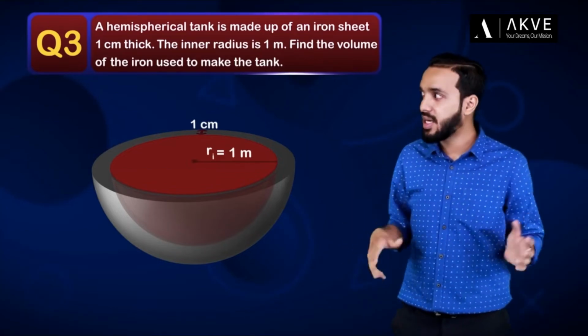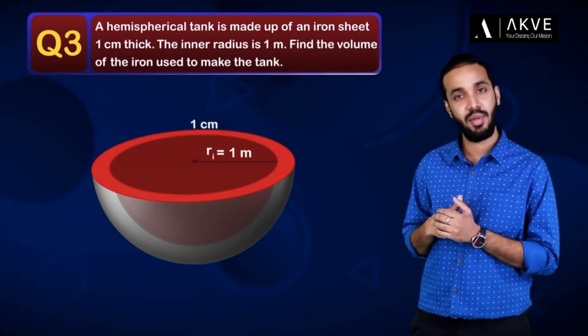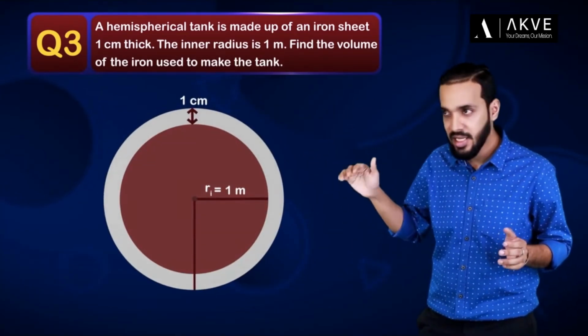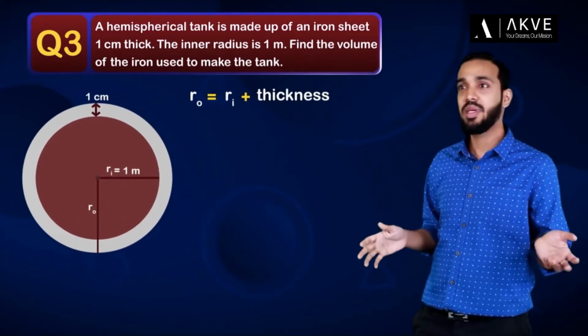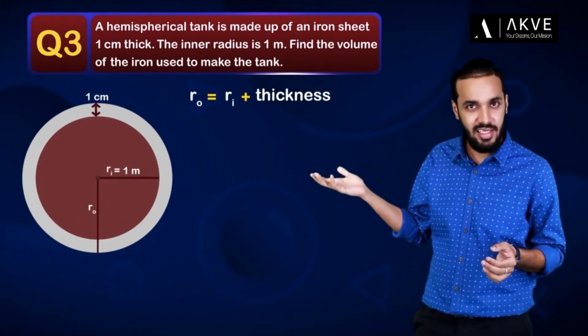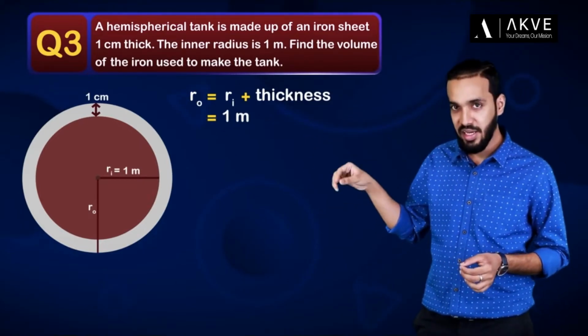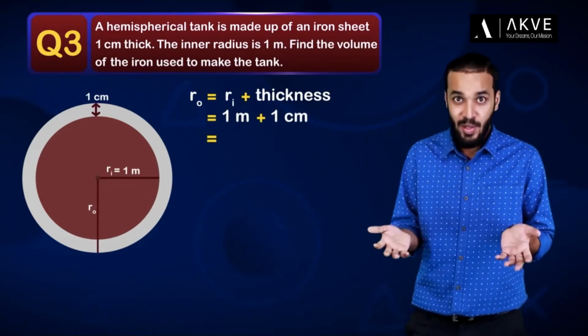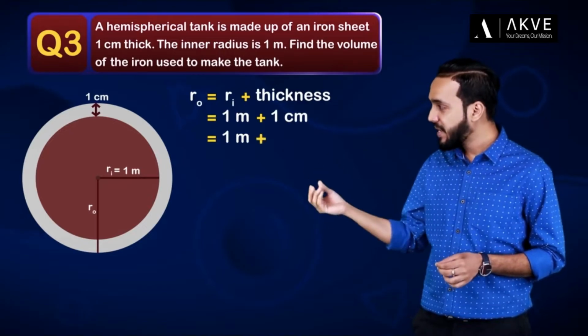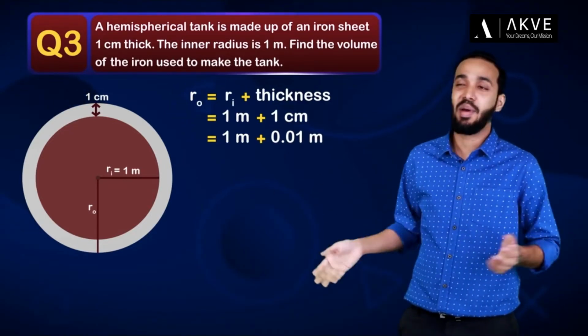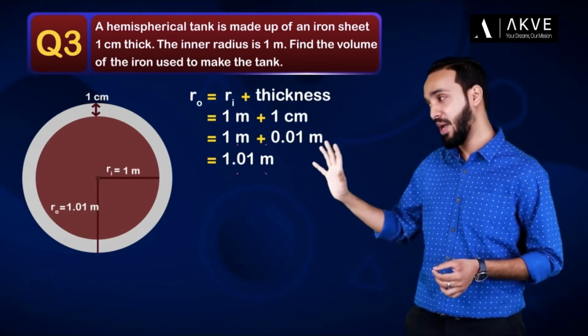And since the thickness is given as 1 centimeter, the outer radius, say Ro, would just be the sum of the inner radius and the thickness, that is 1 meter plus 1 centimeter, or 1 meter plus 0.01 meter, which is the same as 1.01 meters.